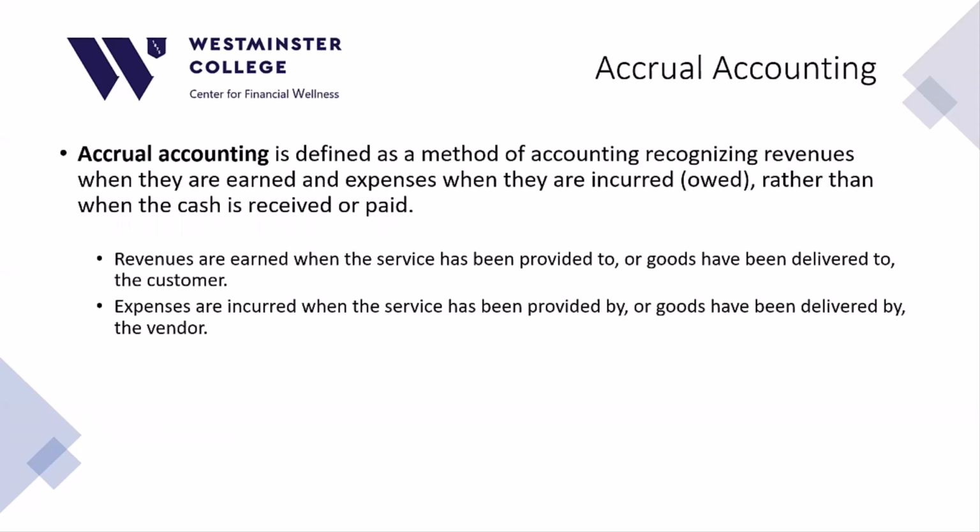While this definition focuses on revenues and expenses, it also indicates that other types of transactions that don't involve revenue or expenses also be recorded. You need to realize that this means most business transactions will be split into more than one accounting transaction. For example, one transaction will record the revenue being earned, and the next will record the cash being received.